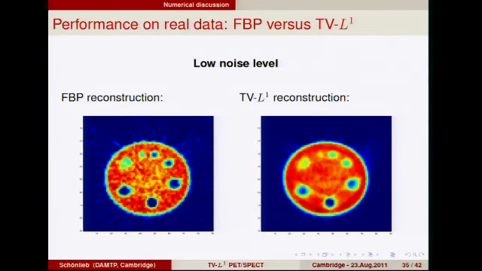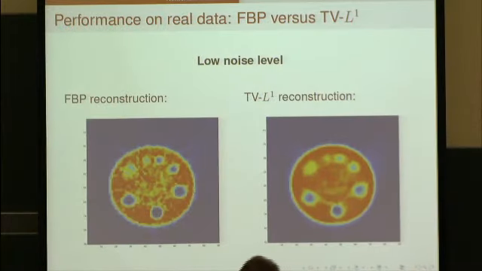And here on the left, you always see just a filtered back projection of the noisy sinogram, and on the right, you see the TV L1 reconstruction. I show you now examples for going from low noise level to higher noise level, where what I mean with this is that this data was constructed by taking several independent copies of the same object.